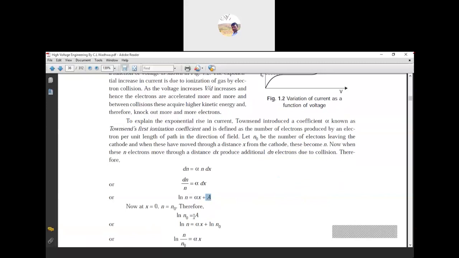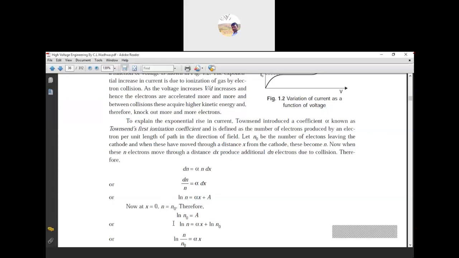Now x is the distance, how much distance is moved. If x is equal to 0, then the number of electrons n is equal to n naught. Therefore log n naught is equal to a.